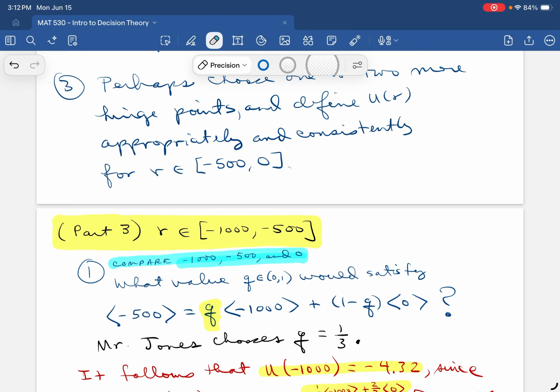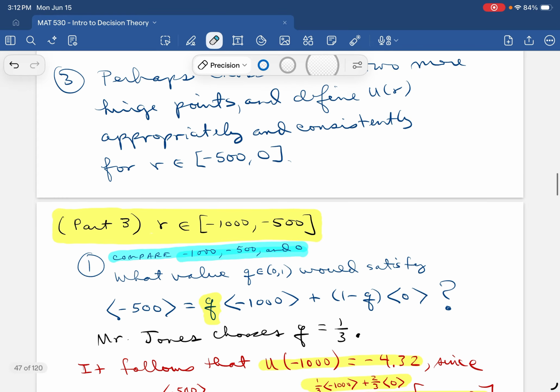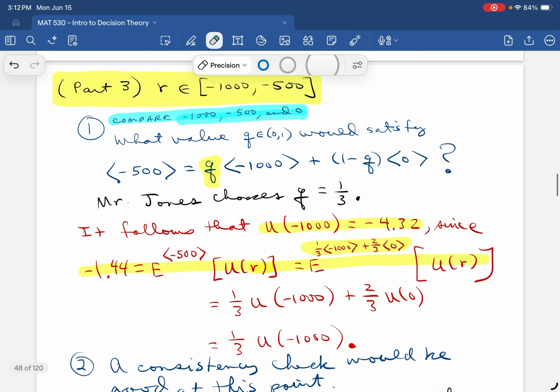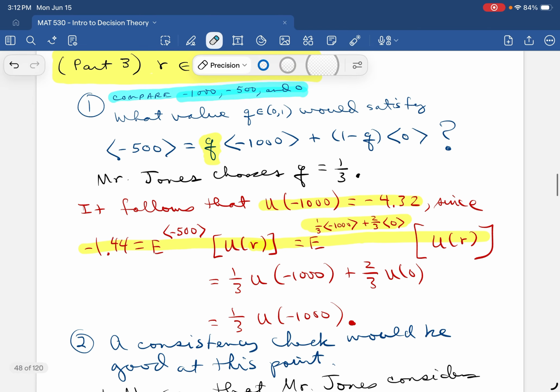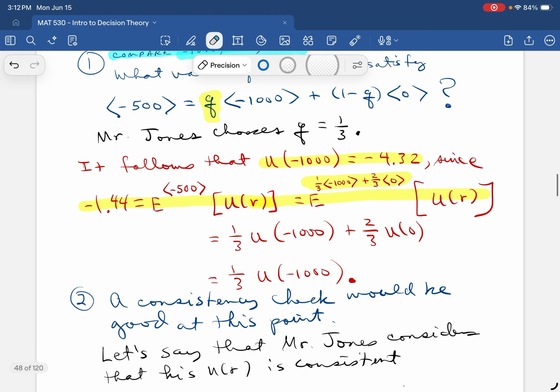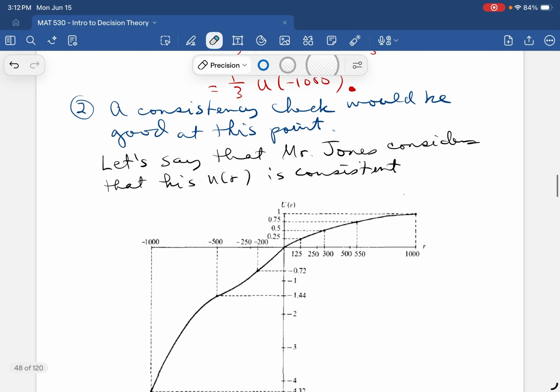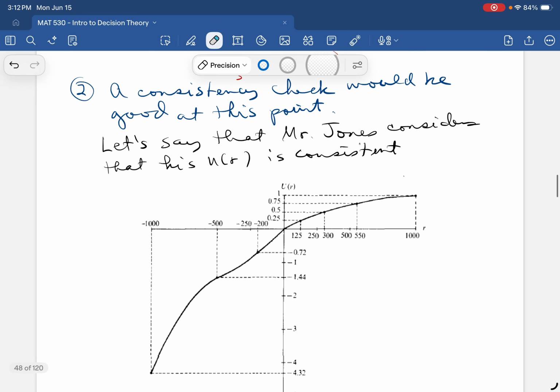Again, this all depends on the person, in this case, Mr. Jones. Once you choose that value of q, then using methods similar to earlier, we can determine the utility at negative 1,000. At this point, a consistency check might also be in order. Let's say that he's done that, and here you see Mr. Jones's utility curve.